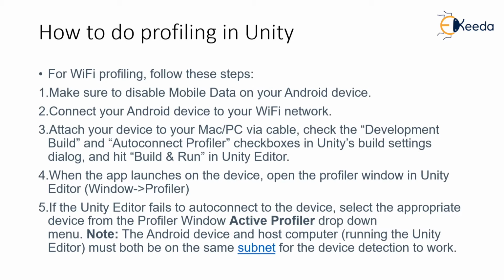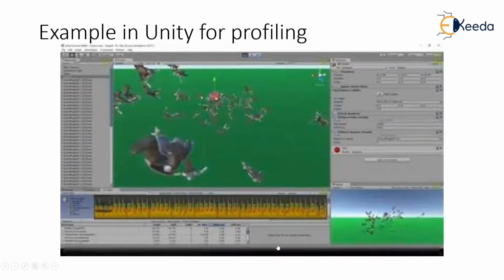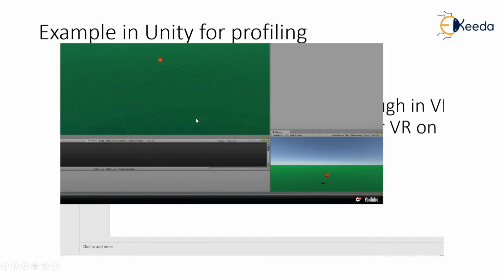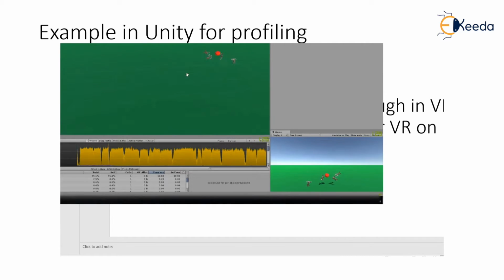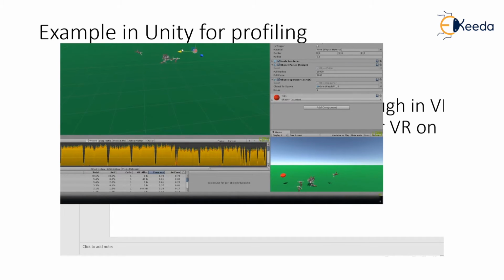To give you an example, let me show you one of the examples I have taken from the net. The current example shows how the virtual reality experience is using different amounts of RAM. As the number of models keeps increasing, you can see that more and more usage shows on your profiler. This is precisely what you need to monitor.